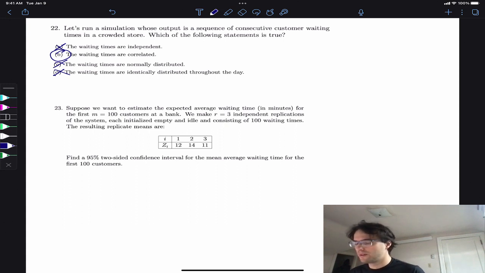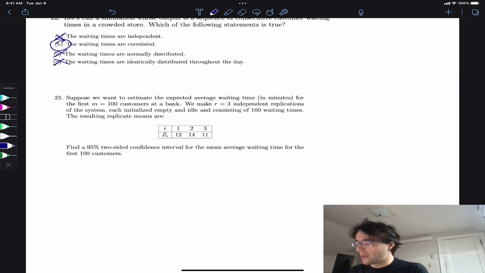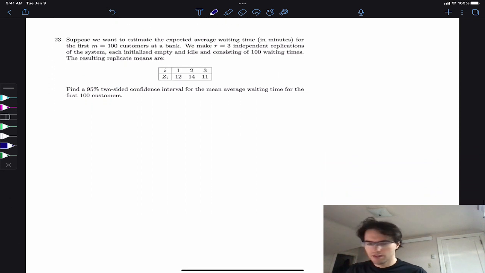Even within the same day, at 1 p.m. lots of people are at school or at work and so aren't at the mall, versus at 5 or 6 p.m., they've gotten off work or school, maybe they're going to hang out with their friends. So they're definitely not identically distributed. Cool.